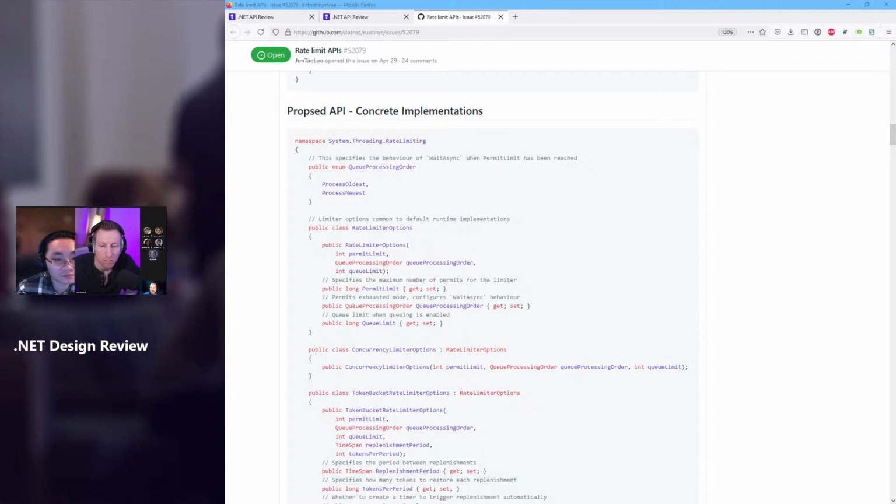Maybe the name of the property is still queue processing order, because we called it a queue limit also. Yeah, that's true. So that kind of has to go together. But if the enum is just named processing order, oldest and newest. I called it a queue limit particularly because I don't know what else to call the limit other than queue.